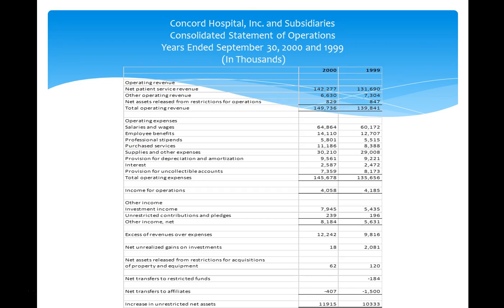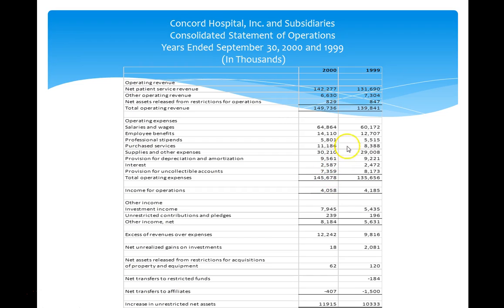Moving over to the statement of operations, they show an increase of 8%, or $10.5 million in net patient service revenue from 1999 to 2000, and so that certainly impacts the total operating revenue. We see revenues are up, but we also see that expenses are up.